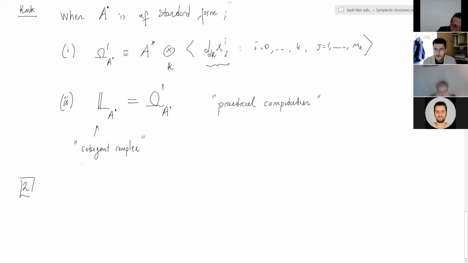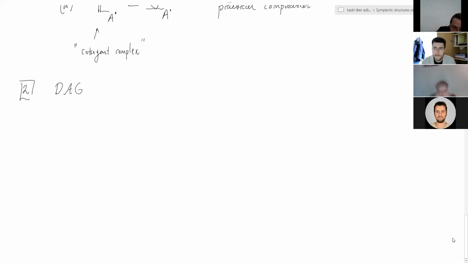So let me now quickly revisit some key ideas from derived algebraic geometry, and then we will combine these two. The main idea: remember, in the usual algebraic geometry, it's locally modeled on commutative K-algebras, right? If you look at the spectrum of a commutative K-algebra, you define an affine scheme.